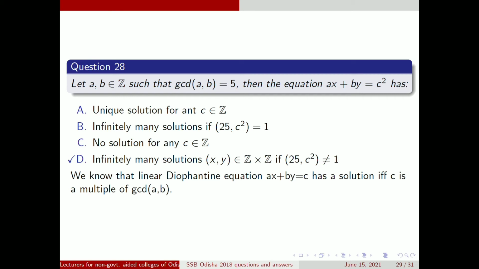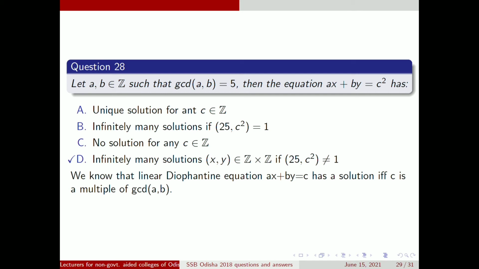So the correct answer is option D. That is, the GCD of 25 comma c square is not equal to 1. That means the linear Diophantine equation ax plus by is equal to c square has infinitely many solutions if the GCD of 25 comma c square is not equal to 1.